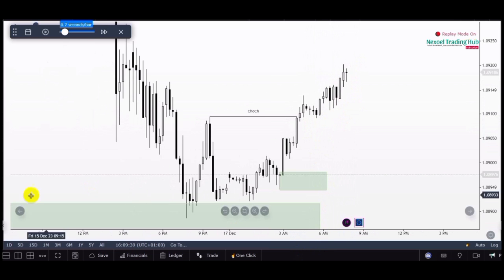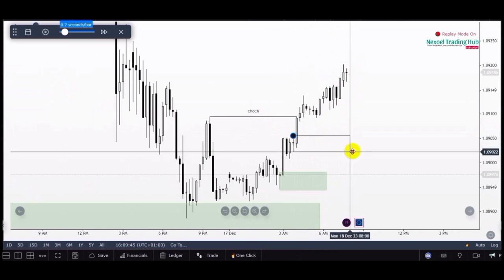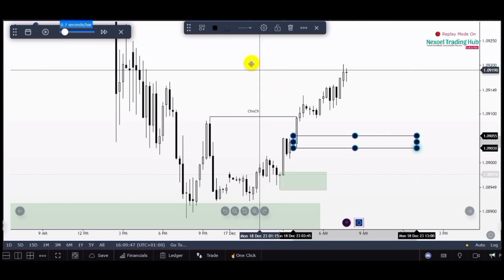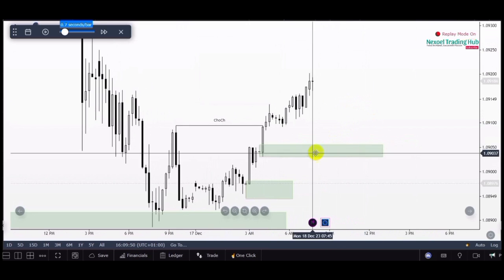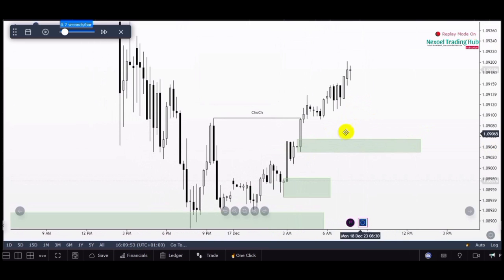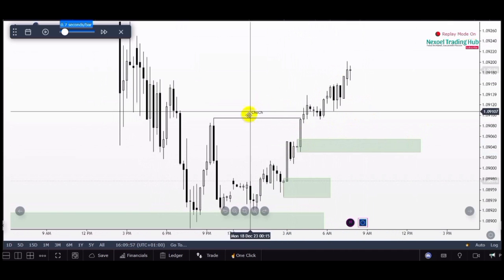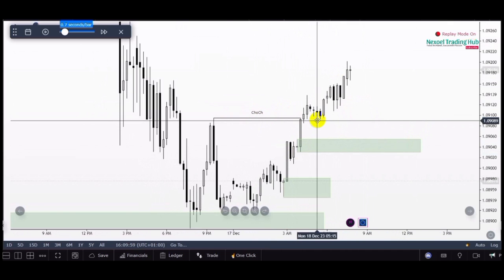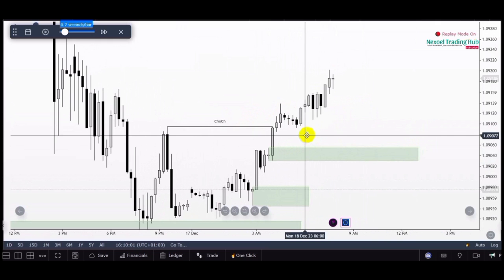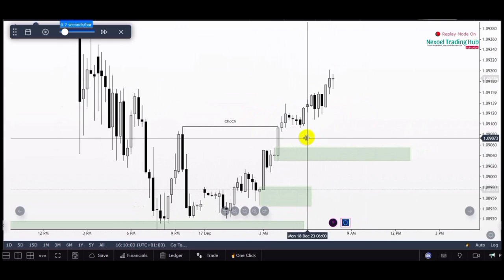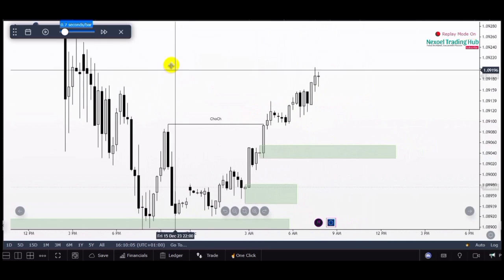So this becomes our new point of interest since we have a newly formed inducement. So we have this zone as our newly formed zone. This becomes our point of interest because we can see this candle raided the low of this candle and then sponsored the move that took out this high point, which is one of the characteristics of an ideal institutional order block. So let's see what price would do.